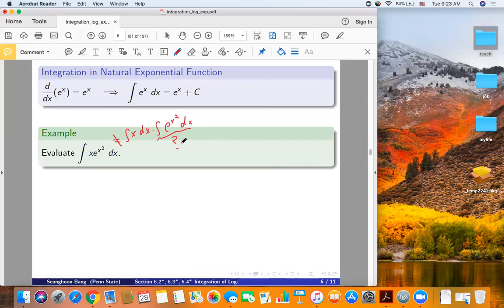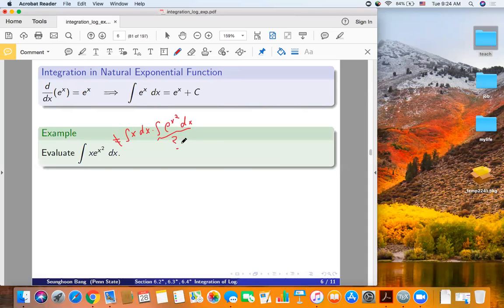So what's the main rule? We are going back to my first lecture today. I talked about two kinds of methods for solving integral problems. First one, formula. One example is integral sine x dx is negative cosine x plus c, like a formula.